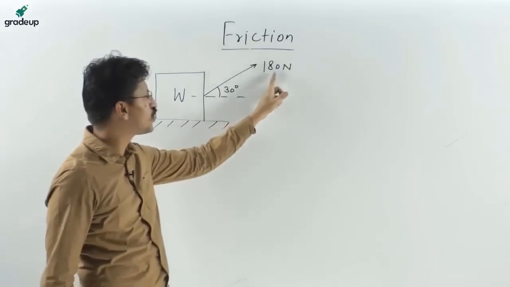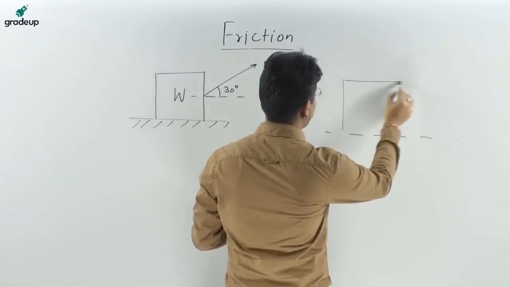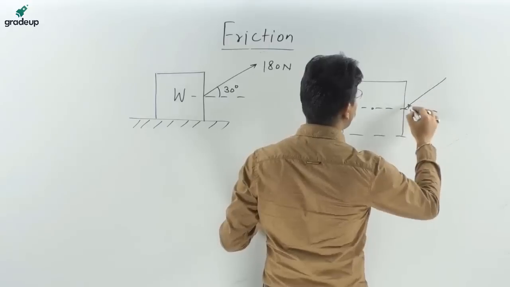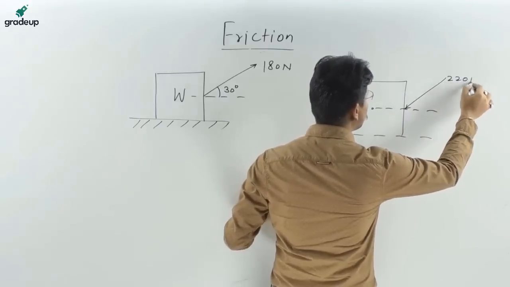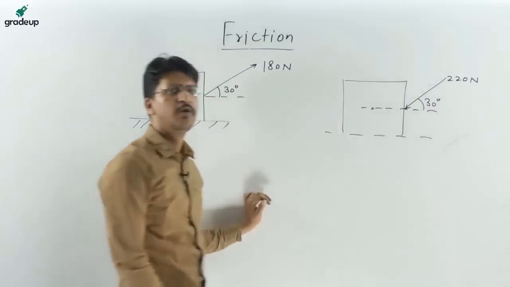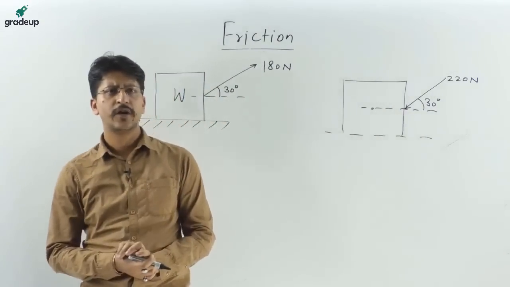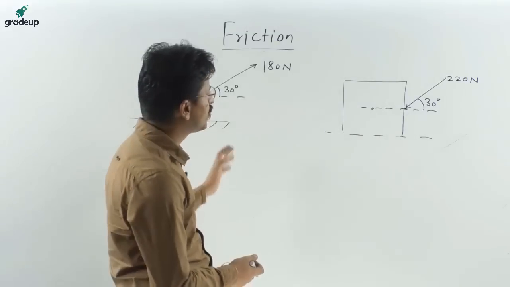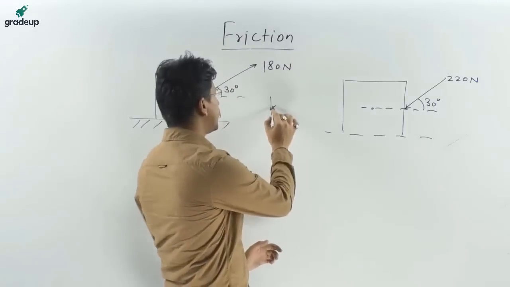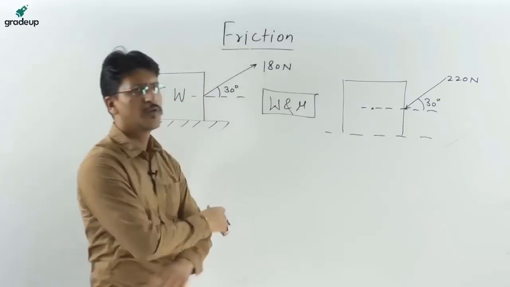The same block resting on the same surface tends to move when it is pushed by a force of 220 Newton applied at the same angle of 30 degree. In both cases the block just tends to move. You have to find out two things: the weight and the coefficient of friction.